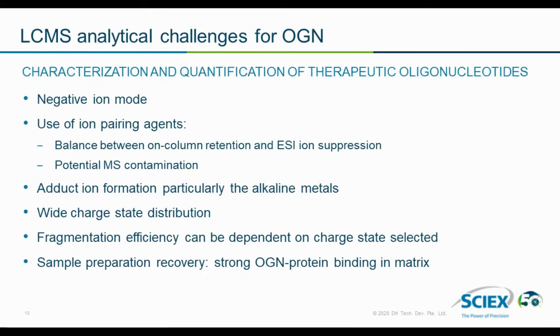The other thing which is really important to bear in mind is that often the chromatography is complicated because you have to use ion pairing reagents. So there's a balance between on-column retention of your analyte or oligonucleotide and the suppression you get from that ion pairing reagent. There's also a problem with using ion pairing reagents in that they can potentially contaminate your mass spectrometer.